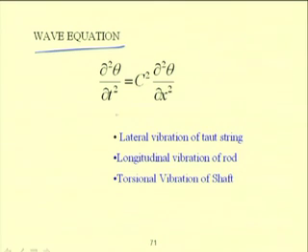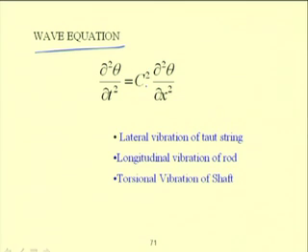This equation can be solved. This represents the inertia force and this is the stiffness part. One can find the response of the system by solving this wave equation. Unlike a discrete system, where the equations of motion are written as ordinary differential equations, here the equations of motion are written in terms of partial differential equations.